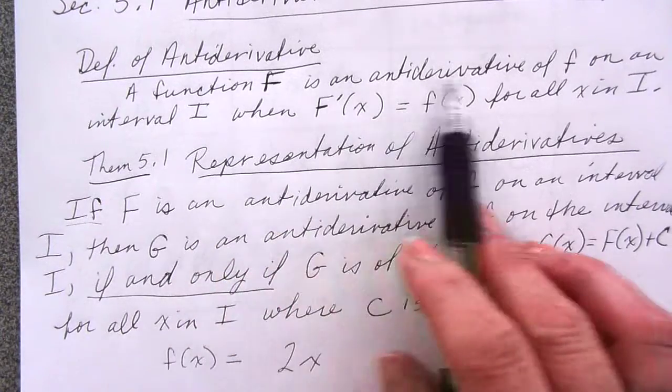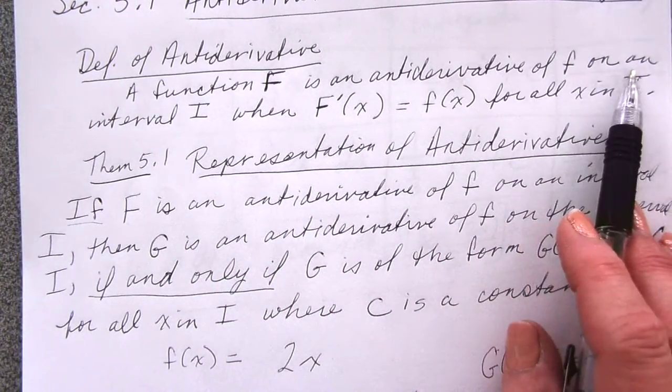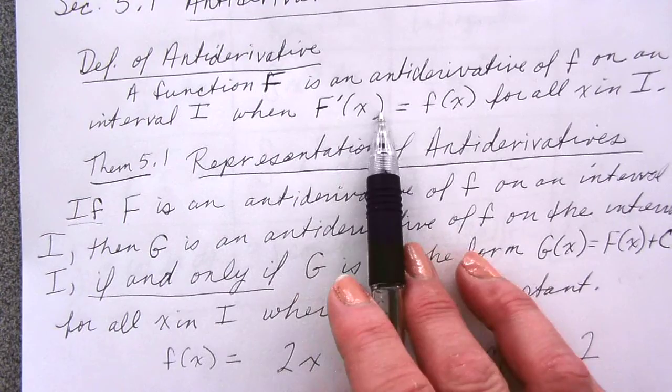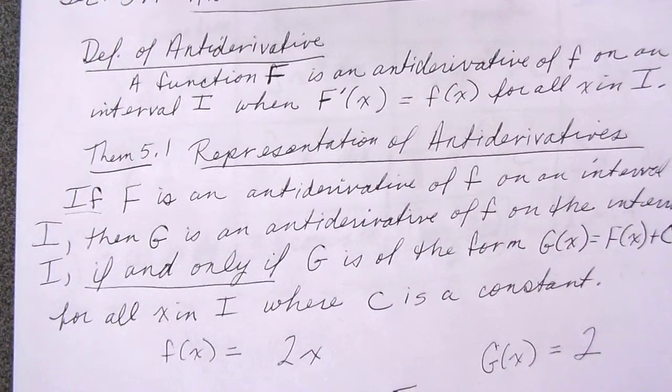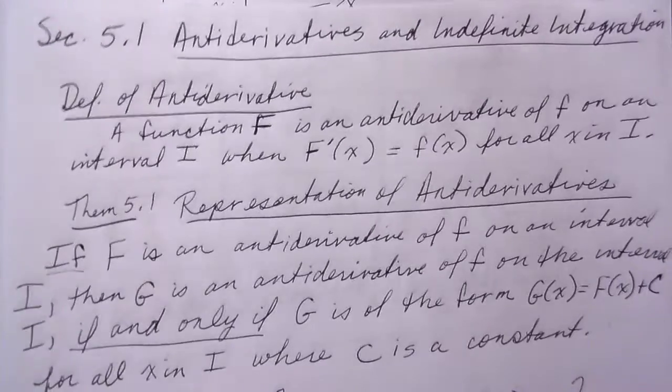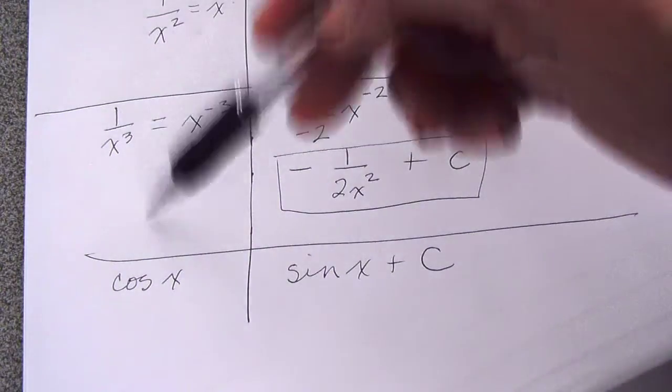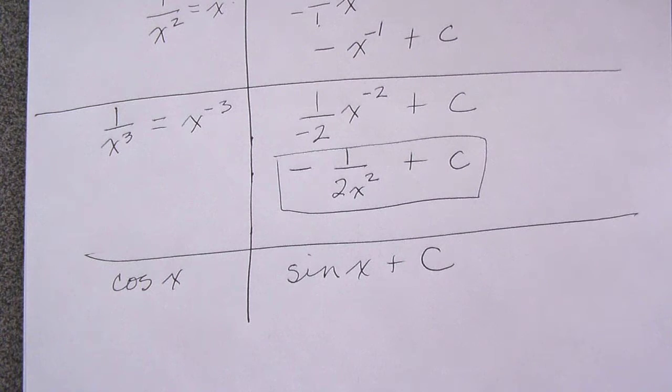A function F is an antiderivative of f on an interval when F prime of x is equal to f of x for all x in the interval. So when I can take the derivative of that and get back to the function, then it's an antiderivative.